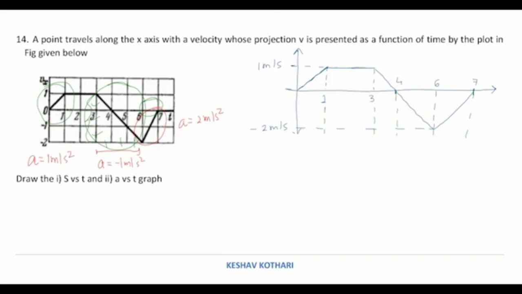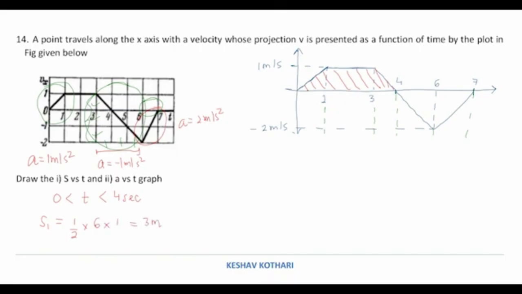So now we will be understanding the displacement time graph. Displacement can be written as the area under the graph. From 0 to 4 seconds, the displacement is positive, the graph is in the positive portion, and the displacement is half, it is a trapezium, so sum of parallel sides into height, which equals 3 meter.